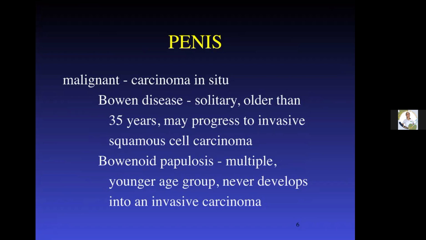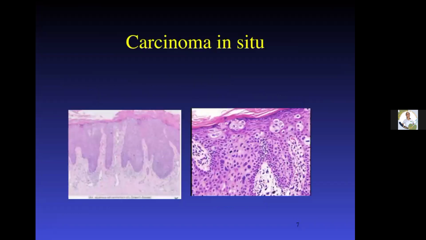Another carcinoma in situ that involves your penis is your Bowenoid papulosis. If your Bowen disease is solitary, your Bowenoid papulosis is multiple, and they occur in a younger age group. But this kind of carcinoma in situ does not develop into an invasive carcinoma.